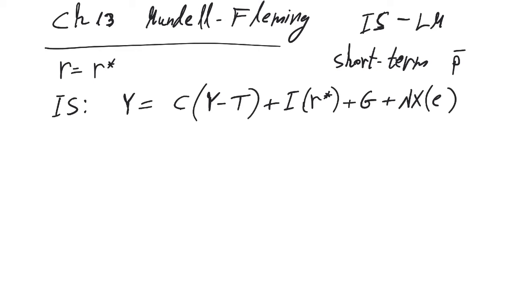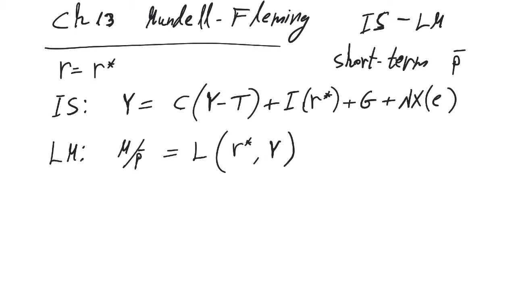And for the LM curve, we're going to use the money supply, M over P, and P again is fixed, is going to be equal to money demand, which is a function of the world interest rate and output.